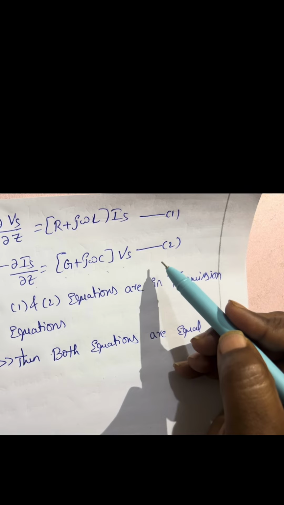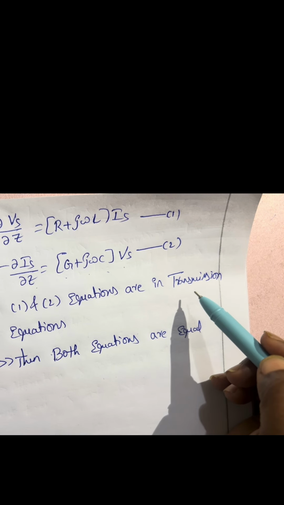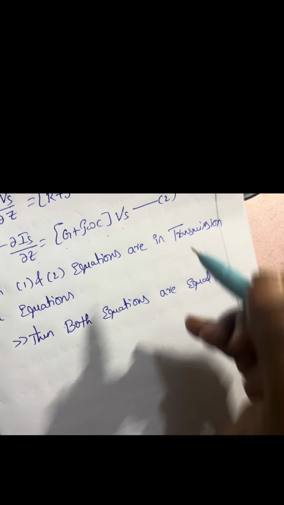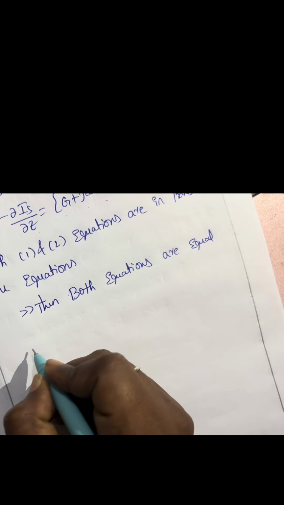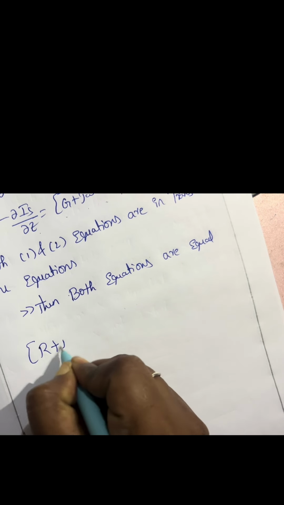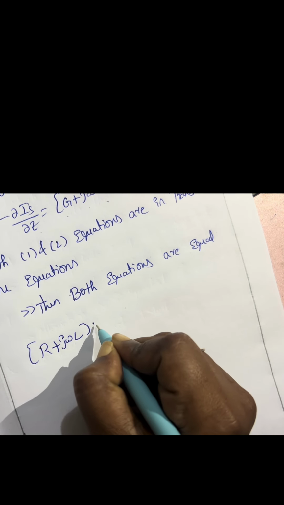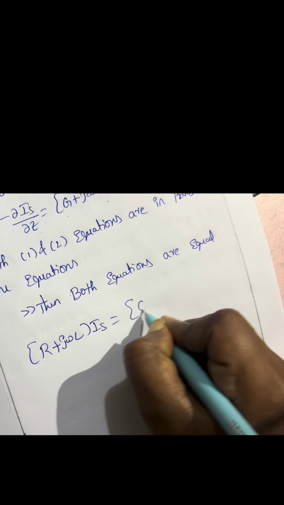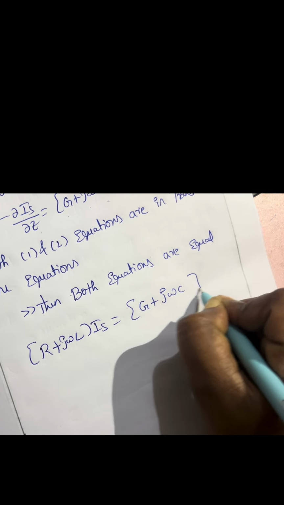Both equations 1 and 2 were obtained from the transmission line equations in the previous section. Both equations can be equated to each other. Then R plus j omega L into Is equals G plus j omega C into Vs.